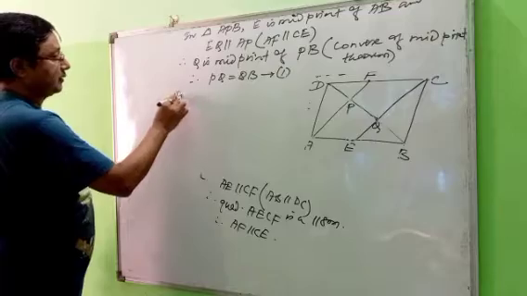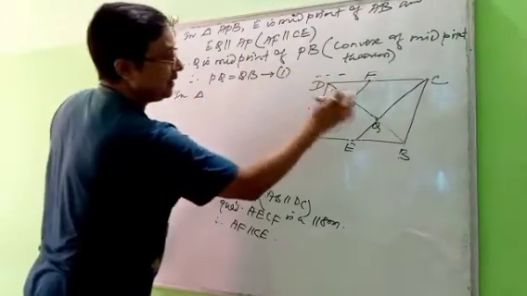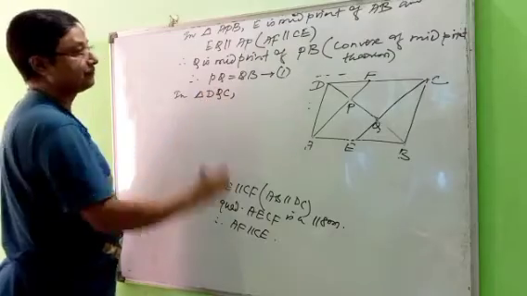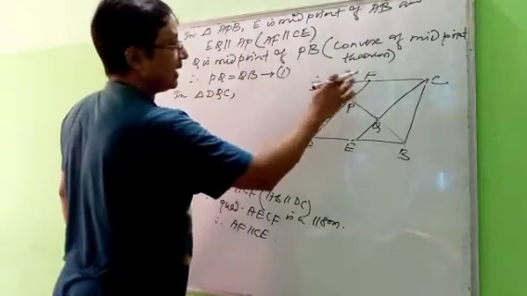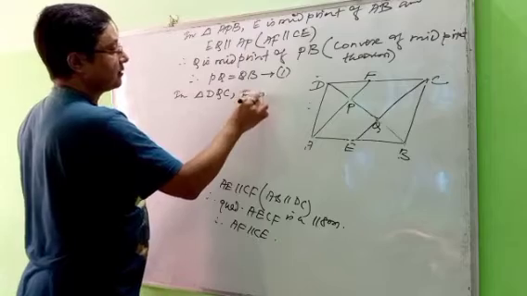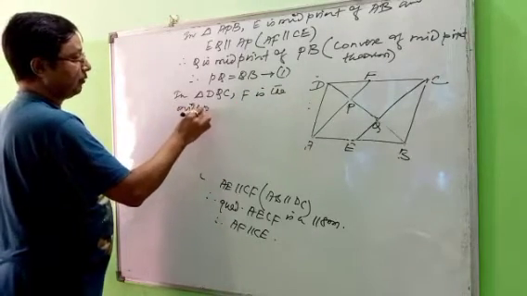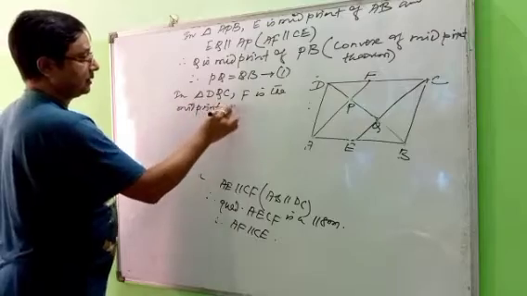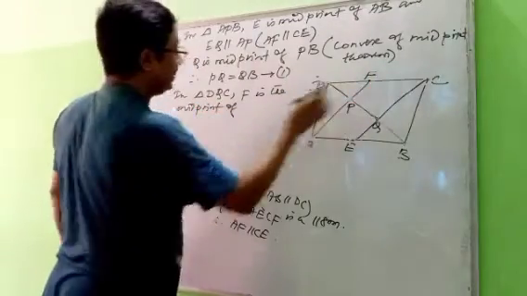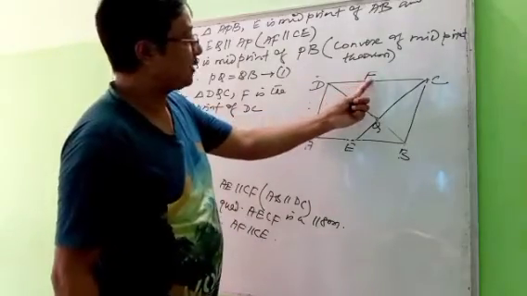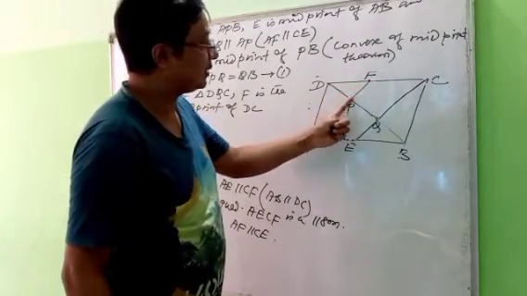So in triangle DQC, F is the midpoint of DC, and through this midpoint the line is drawn parallel to the other side.